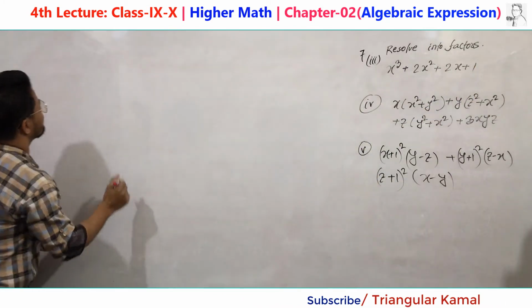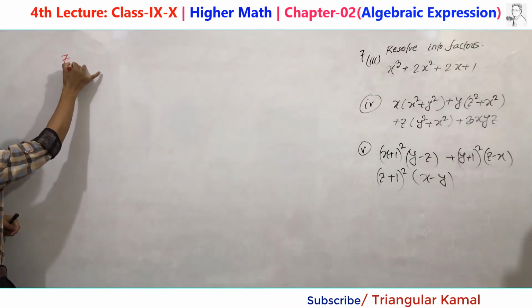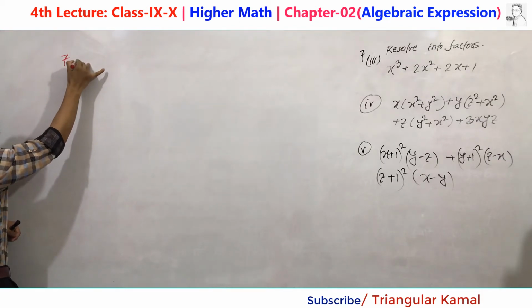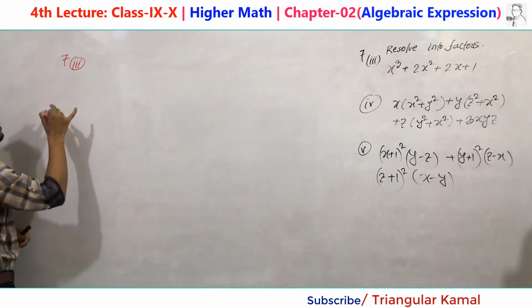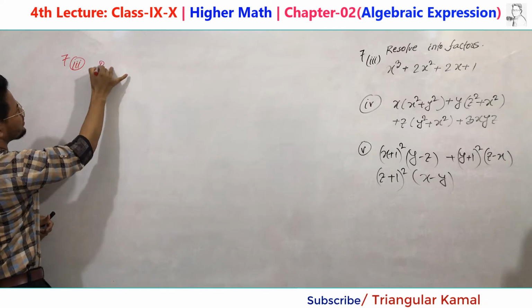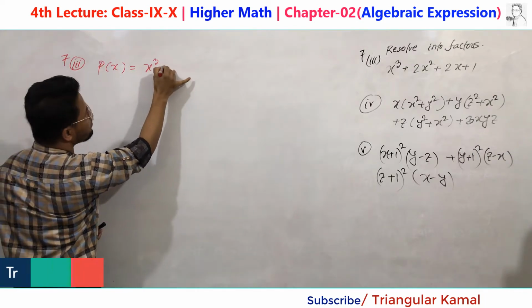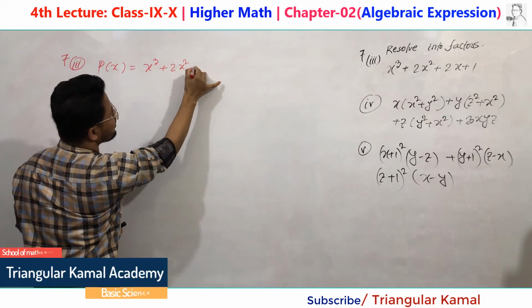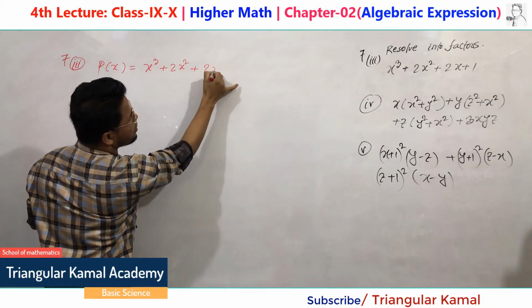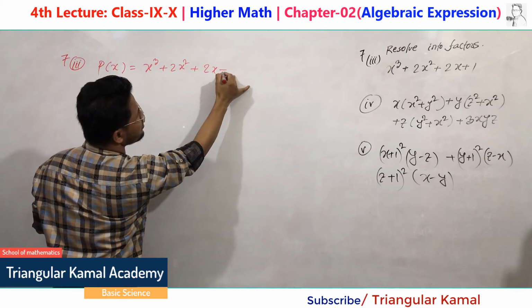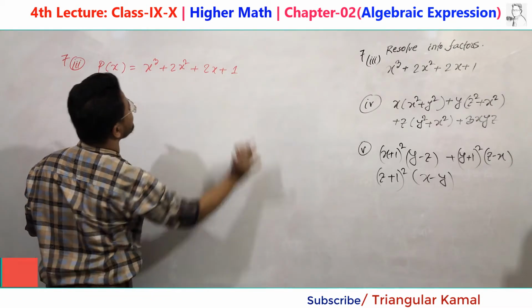So consider here p of x equal x cube plus twice x square plus twice x plus 1.